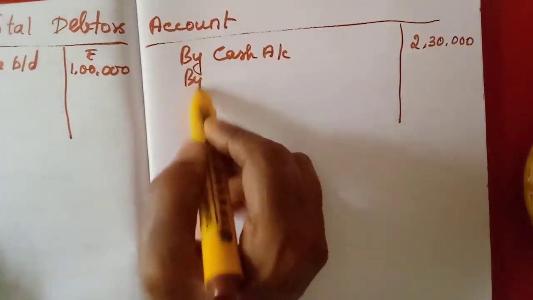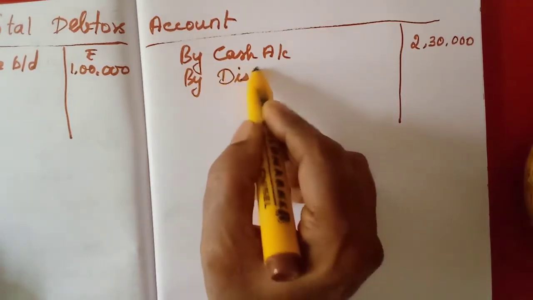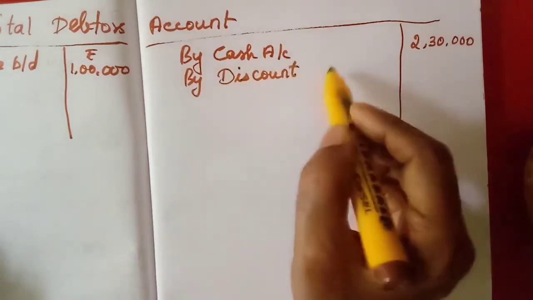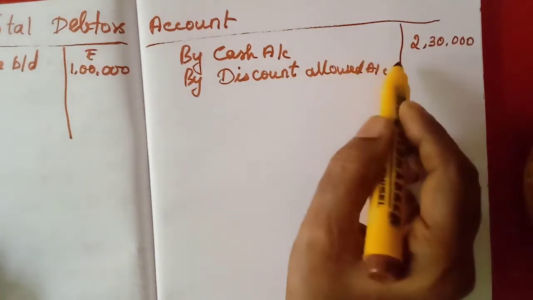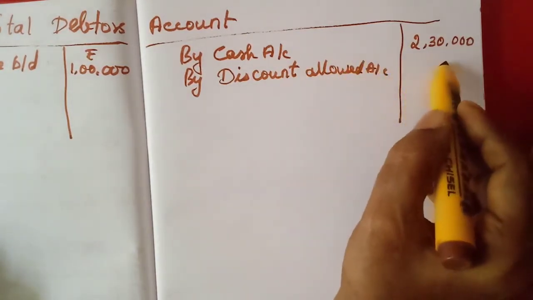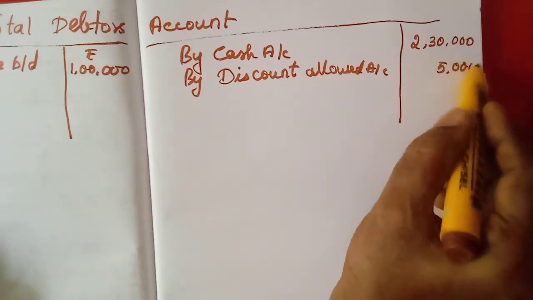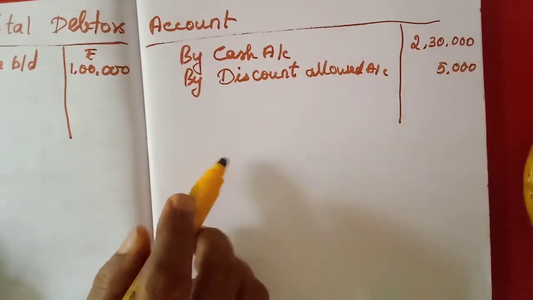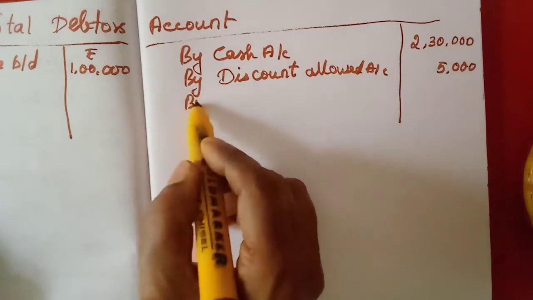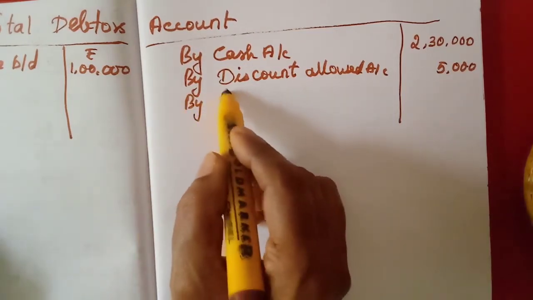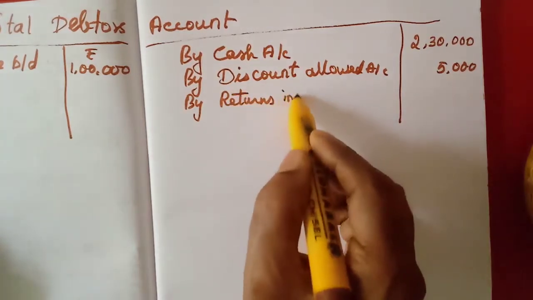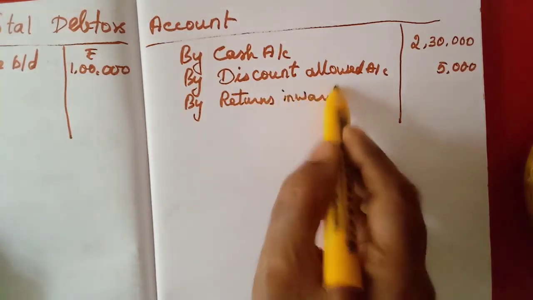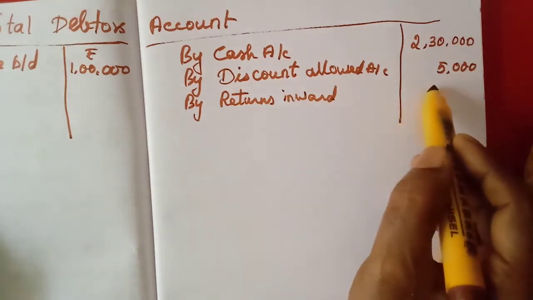By discount allowed account, 5,000. Write correctly the digit. Okay. Then returns inward. That also here. Sales returns. That is called sales returns. Okay. Returns inward, 25,000.